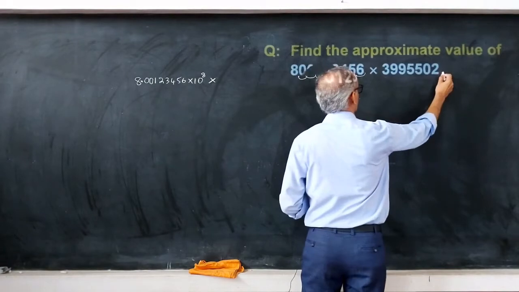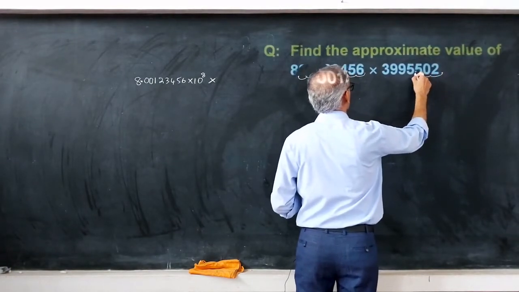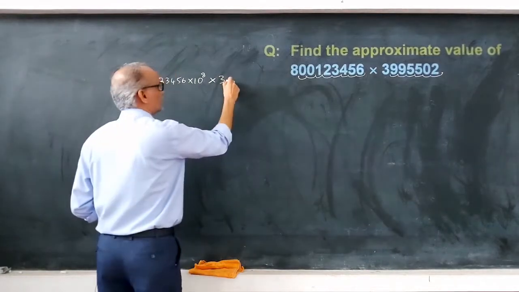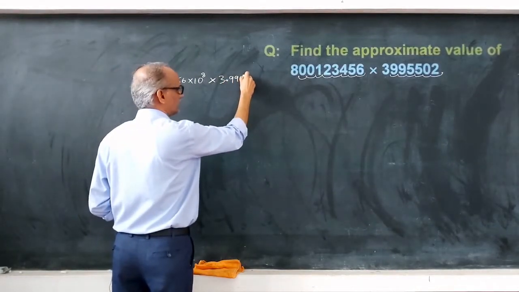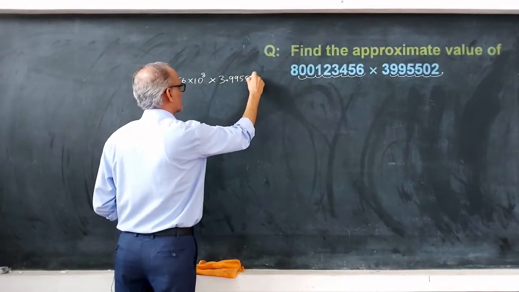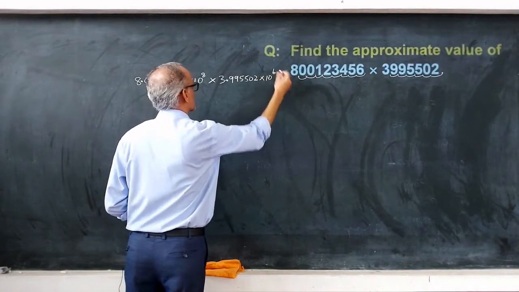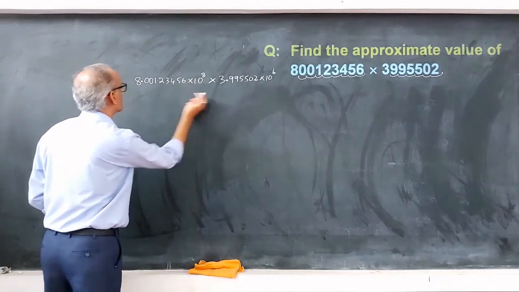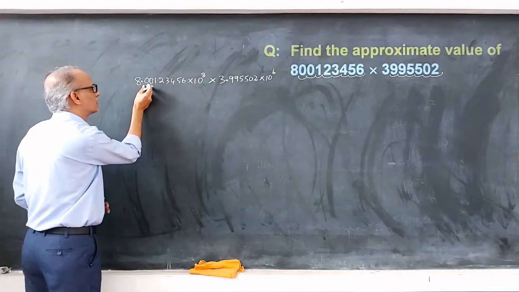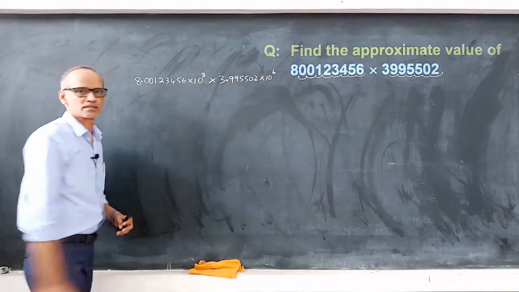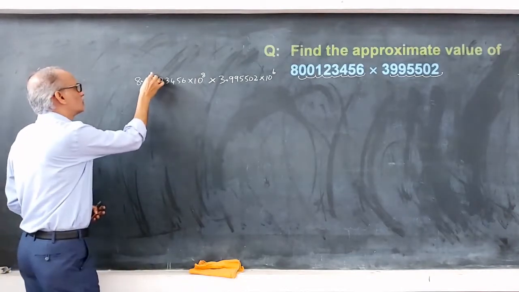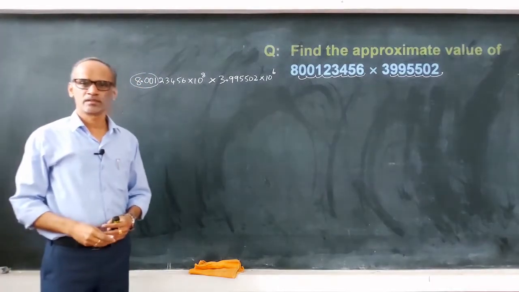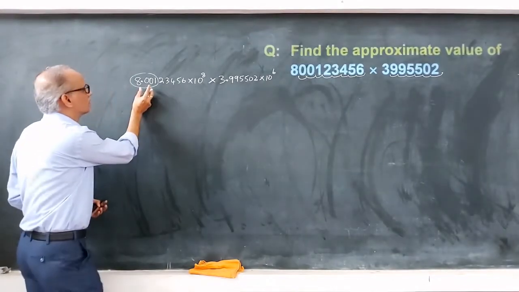Multiplied by the next number. The decimal point is here. Shift 1, 2, 3, 4, 5, 6 it is. Okay? So 3.995502 into 10 to the power 6. Yes. Now look at this number. It's 8 point, then 0, 0, 1, 2, 3, 4, 5, 6. So if you take the first 4 digits, or even if it is first 3 digits, isn't it?